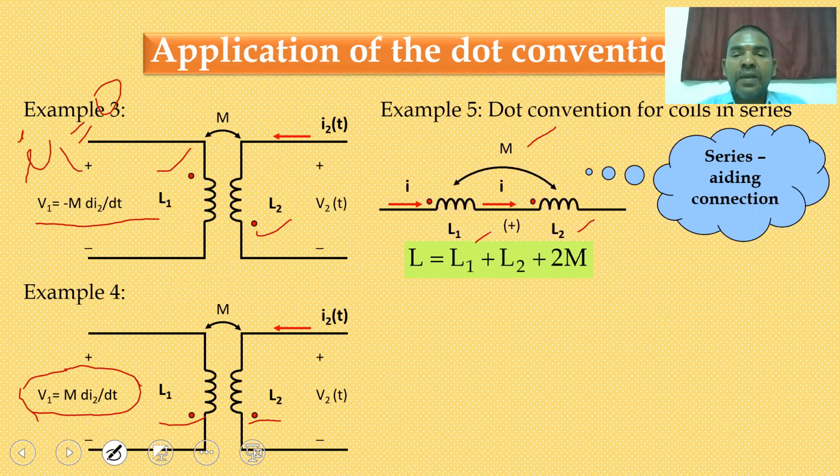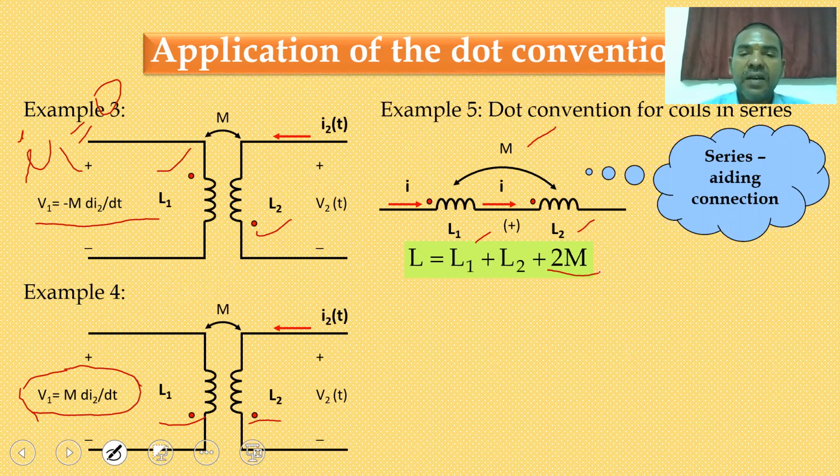So the overall inductance of the two coils connected in series is L equal to L1 plus L2 plus the mutual inductance with respect to the second current, M, and the mutual inductance with respect to the first current, another M. So M plus M, how much do you get? 2M.